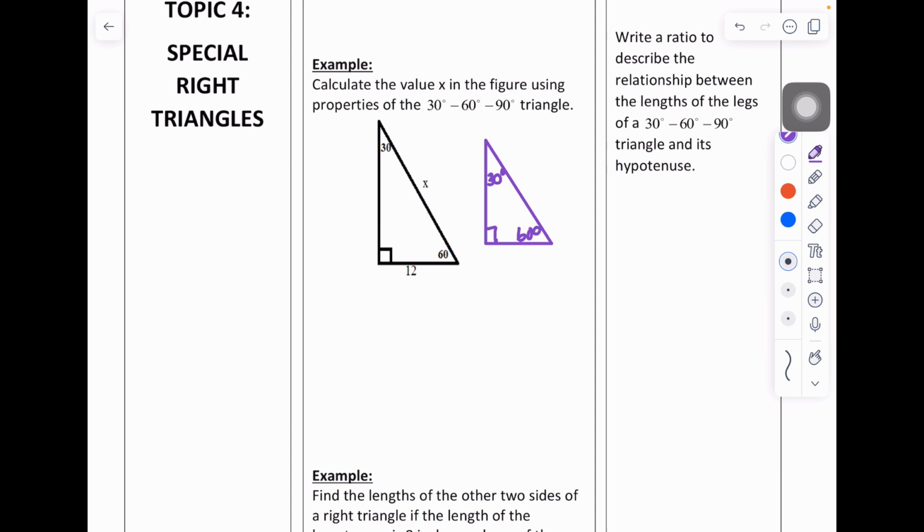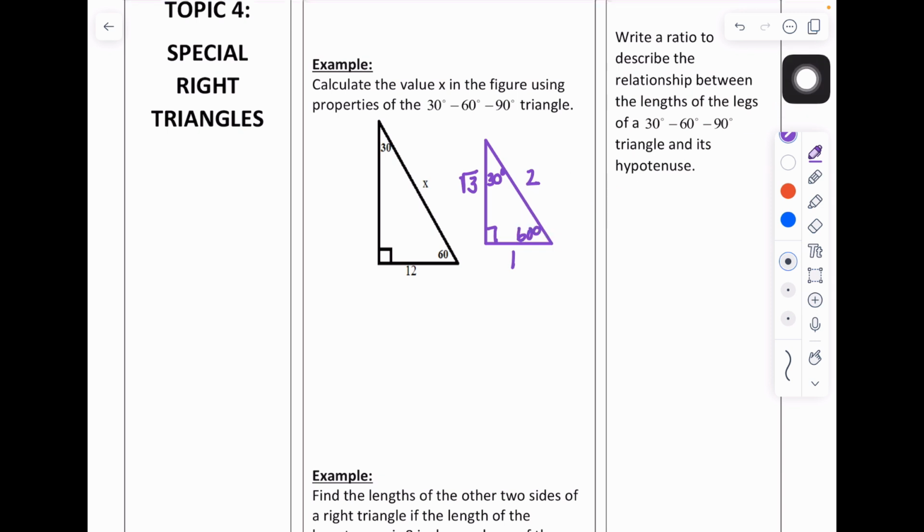Now remember, the side that's opposite the 30 is your 1, or your short leg. The side that's opposite your 60 is your square root of 3, or your long leg, and your hypotenuse is 2. So if I can draw the reference triangle, again, that's my biggest teaching tip here, is use your reference triangles, then I can set up my proportions, because these are going to be two similar triangles that have proportional sides.